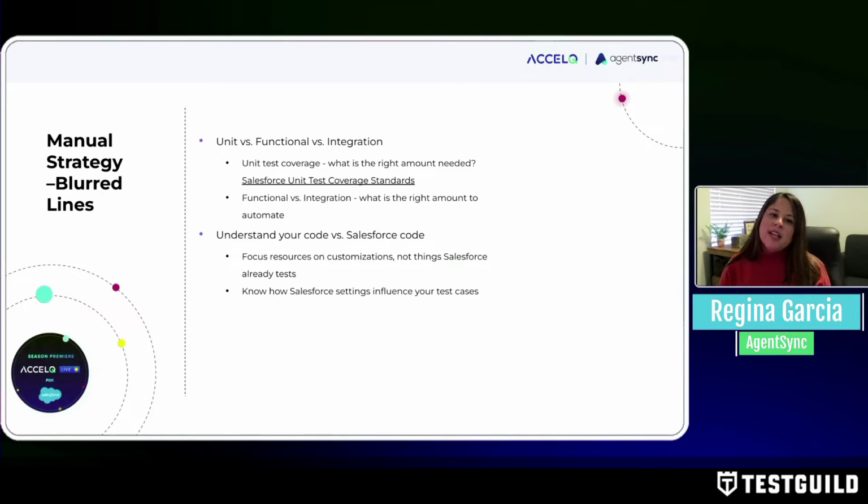Some of the blurred lines that we're experiencing are what's unit testing, what's functional testing, what's integration testing, and what's the right amount of coverage we should be using. Luckily for us, the Salesforce platform already sets a standard of coverage before you can even push your code into the application, and so we already have a standard of 70% set there.